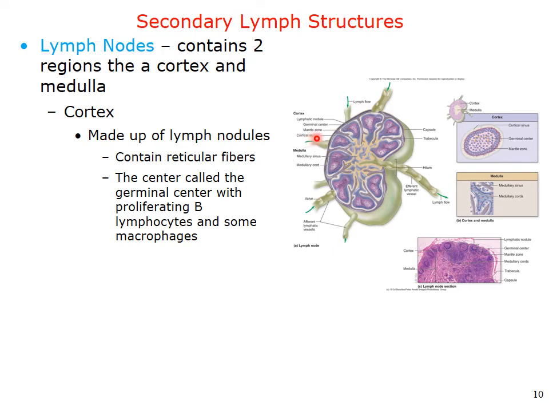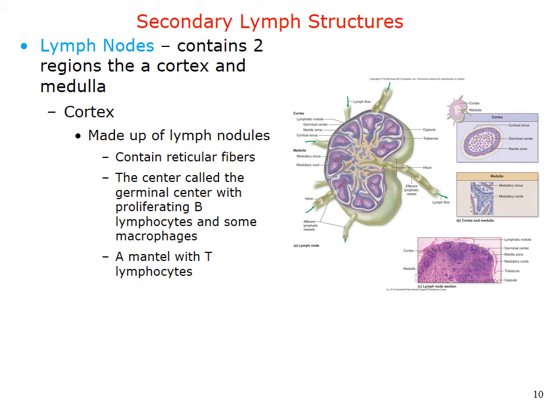The center is called the germinal center, so we can see here this lighter area within the lymph nodule, and there we find proliferating B lymphocytes and some macrophages. That word proliferating simply means multiplying and dividing.